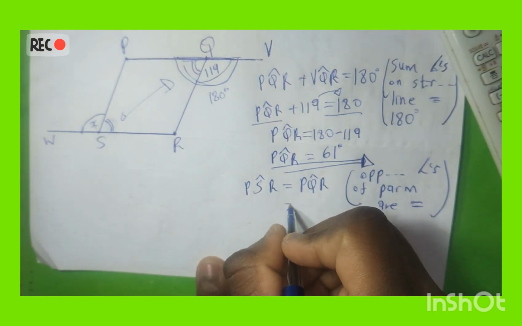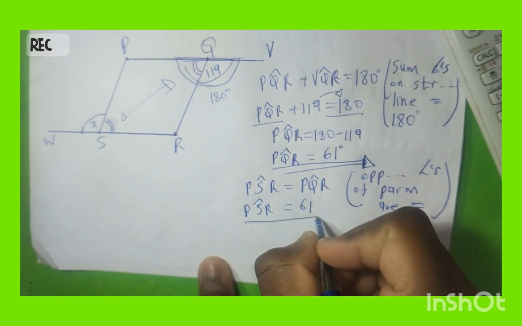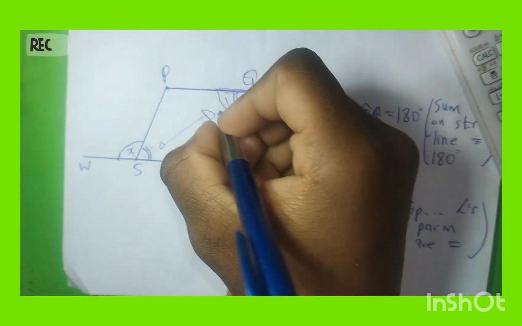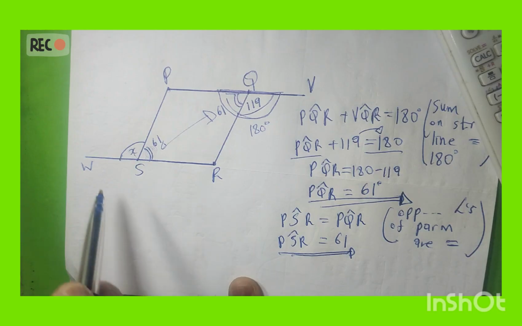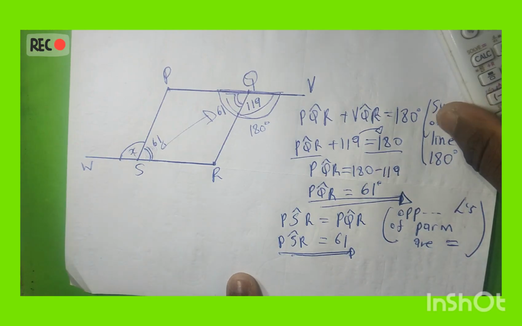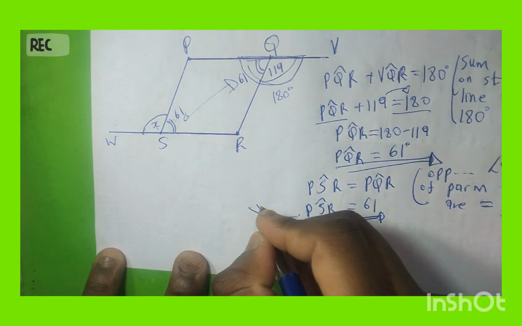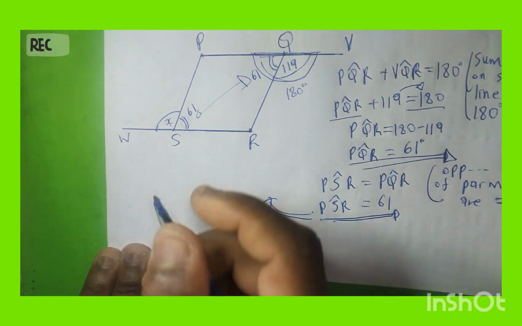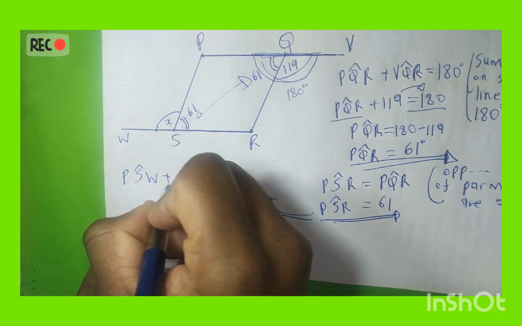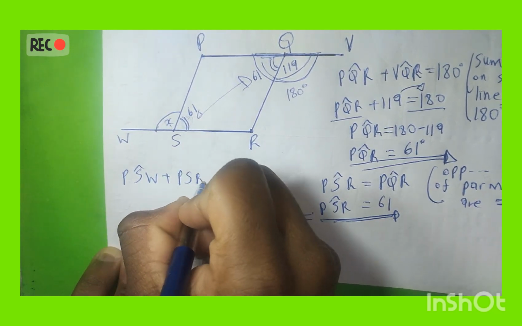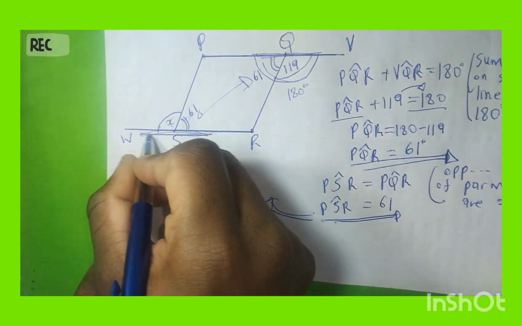And now I know this angle there is 61. So here I know that it was 61, and also that it's 61. In this case, I will be able to solve for x, because I'll form this statement. I'll say PSW plus PSR should give me 180 degrees, because this is a straight line.